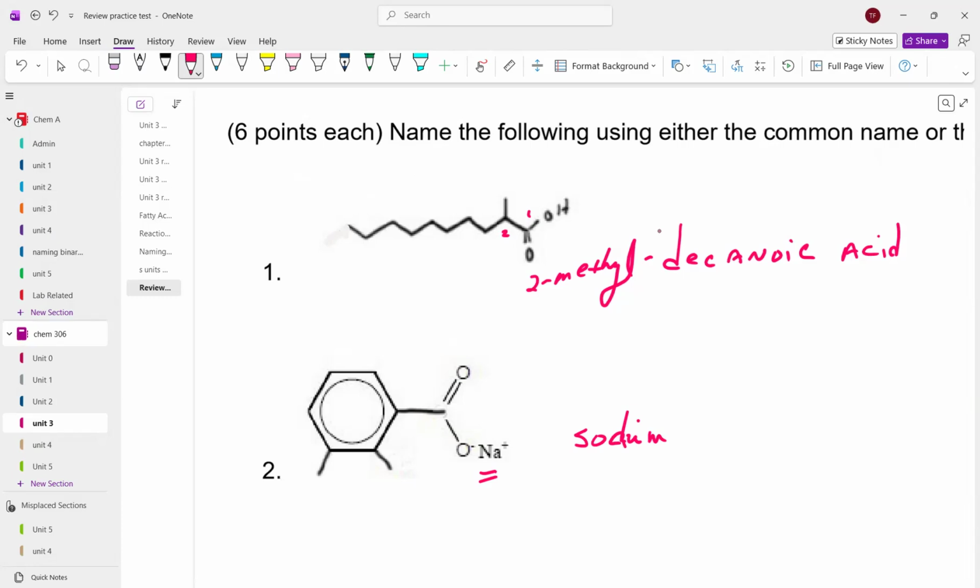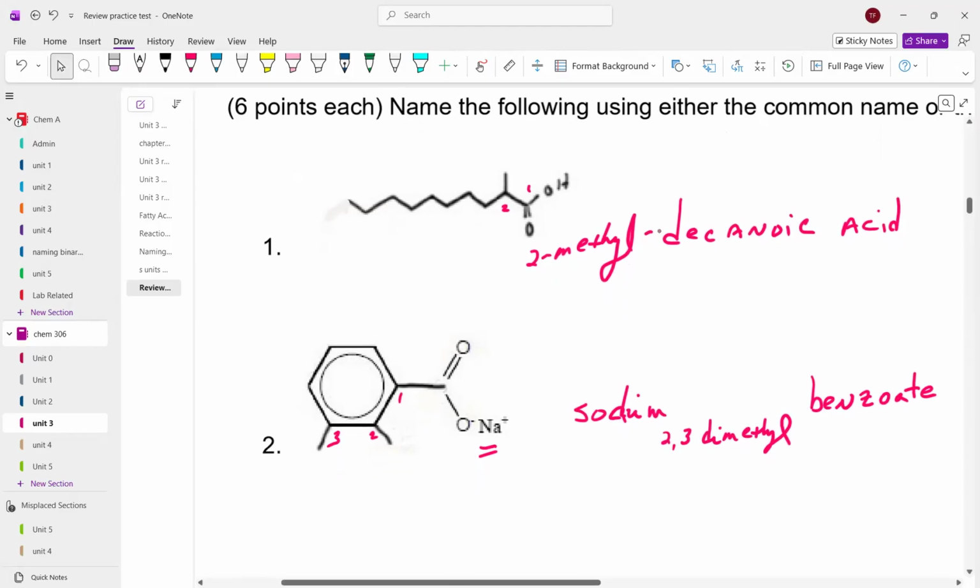And we have 2 methyl branches at carbons 2 and 3. So that's sodium 2,3-dimethyl benzoate.